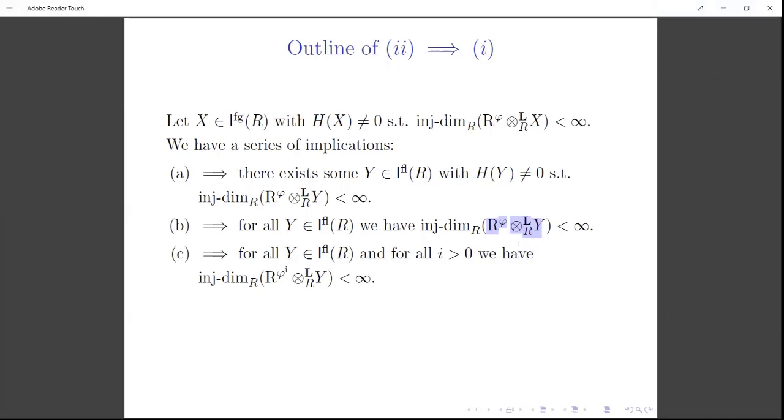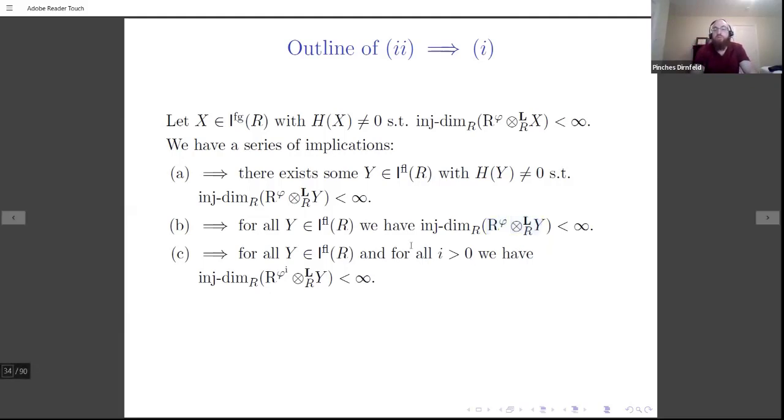So when I do that, I already know that whatever I get out of that is also going to have finite injective dimension and finite length homology over the new target ring. In other words, I can keep pushing this: for every i bigger than 0, the injective dimension over the new target ring of R phi to the power of i derived tensor with Y is finite.